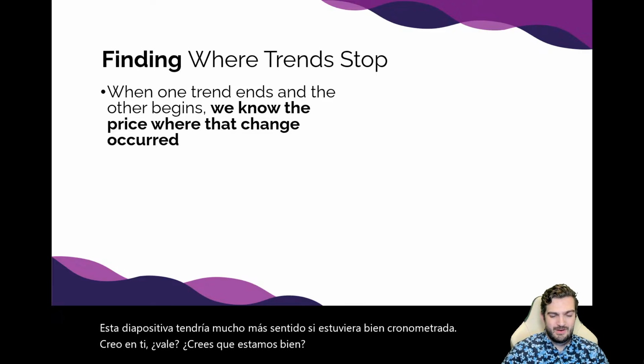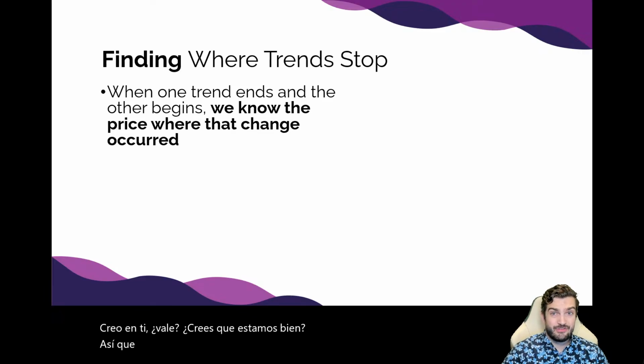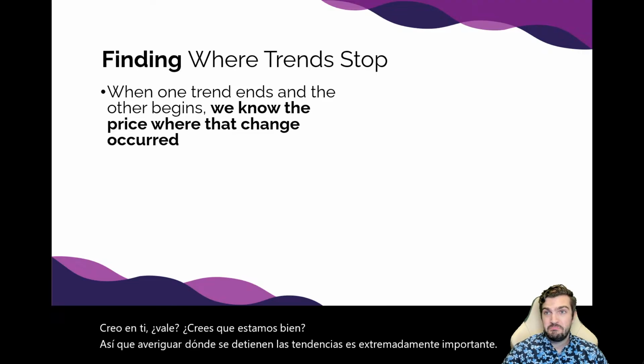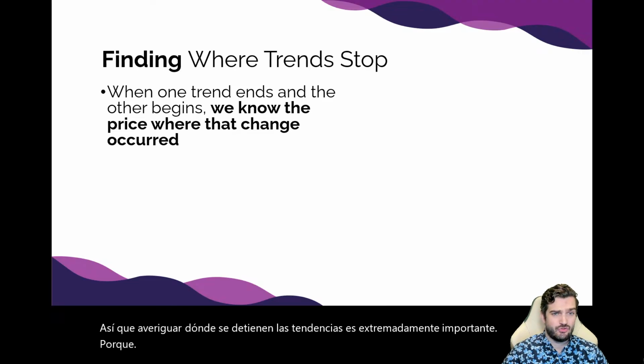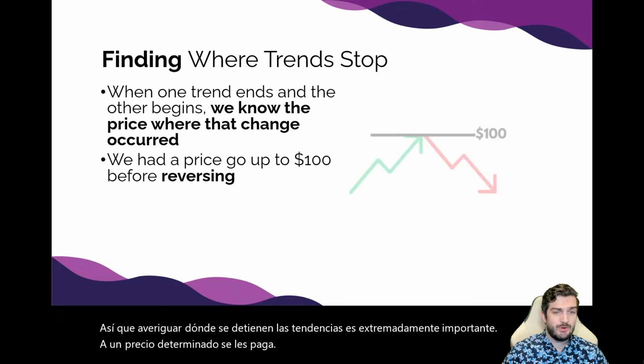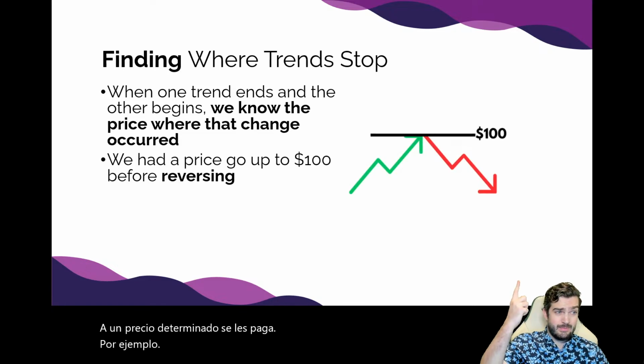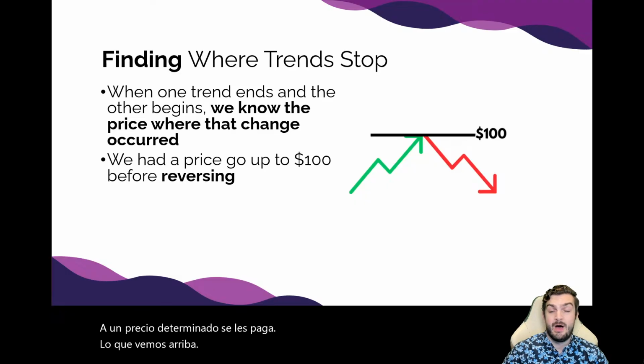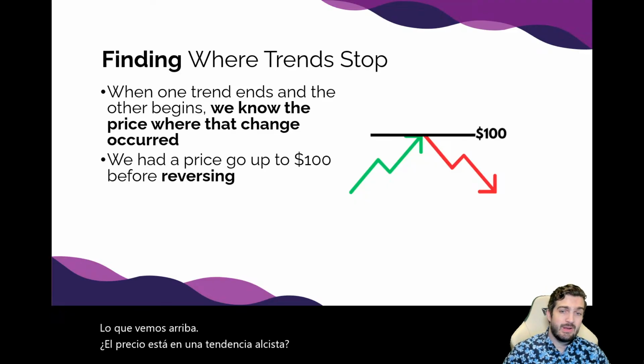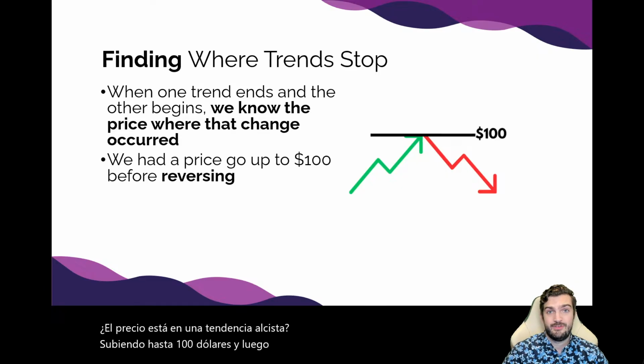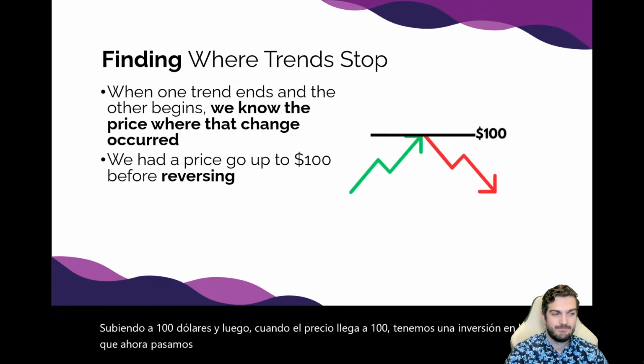So, figuring out where trends stopped is extremely important because they turn around at a certain price. For example, what we see above here is the price being in an uptrend, going up to $100, and then once the price hits $100, we have a reversal, where now we go from an uptrend to a downtrend.